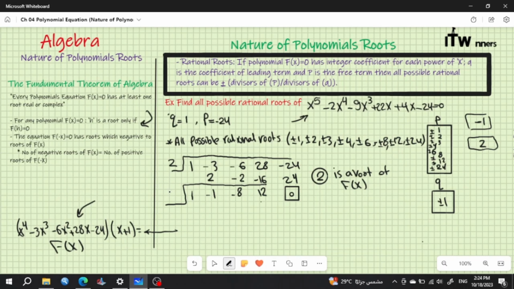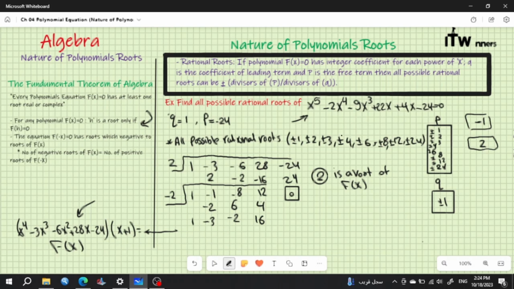Okay, so we have here negative 2, here we have 1, 1 into negative 2 equal to negative 2, here we have negative 3, negative 3 into negative 2 equal to 6, so we have here negative 2 into negative 2 equal to 4, and the remainder is 16. So negative 2 isn't a root of f of x.